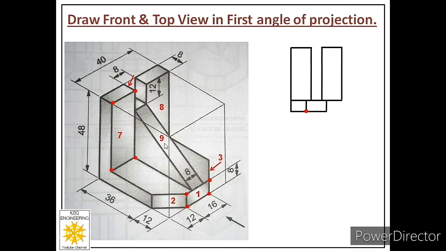So let us plot the next inclined face, face number 9. So how to plot face number 9? Rules are again the same. See how many points are there on face number 9. There are 4 points. 1, 2, 3, 4. Now you can see these 2 points of face 9 are already plotted here. So you can see the benefit of drawing parallel faces first.